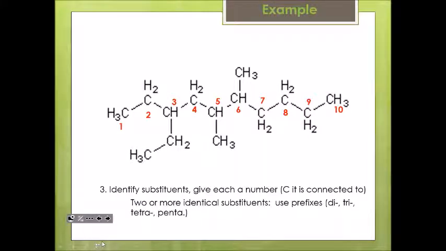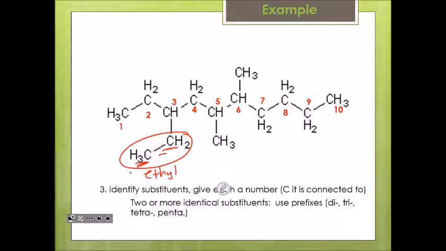Now identify the substituents and give each the number of the C it's connected to. So this is 2 carbons. This is CH2, CH3. Is this a methyl, an ethyl, a propyl, or a butyl? How many carbons off the main branch? This is only 2, so we would call this ethyl.